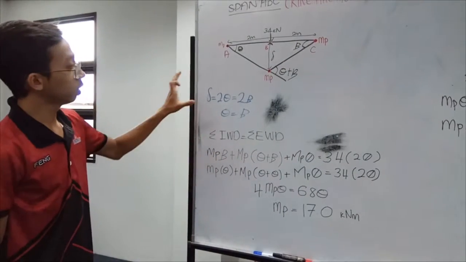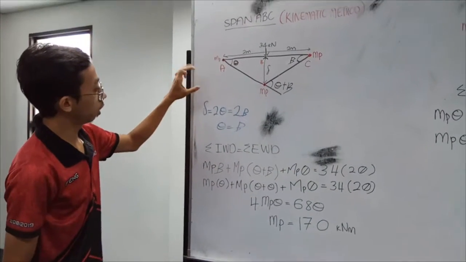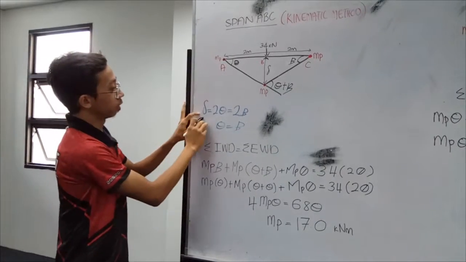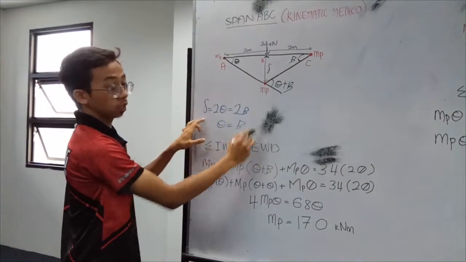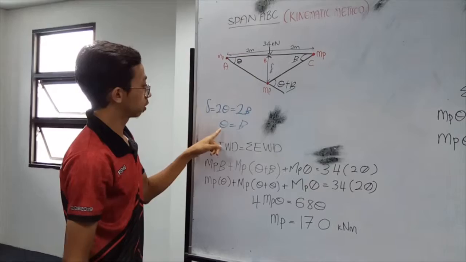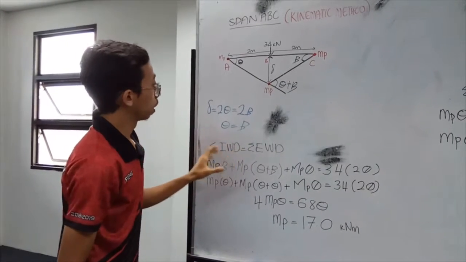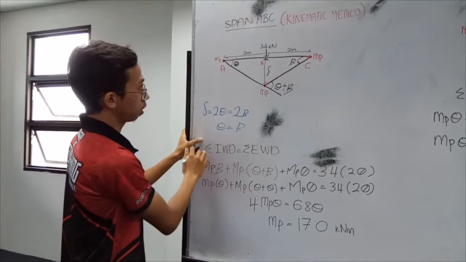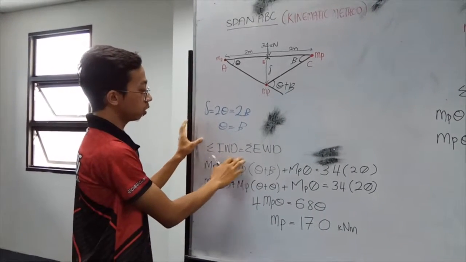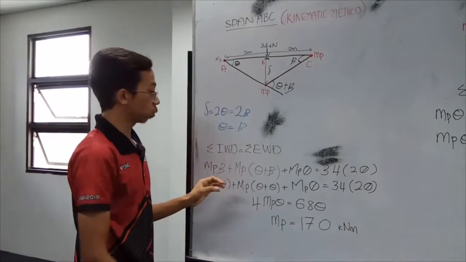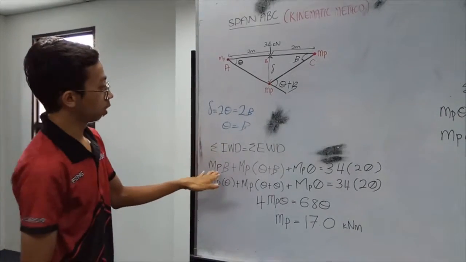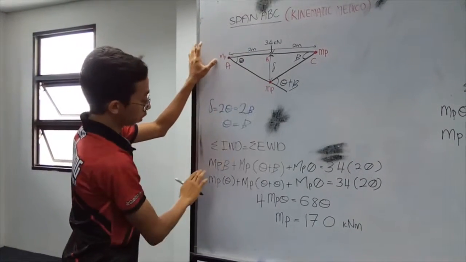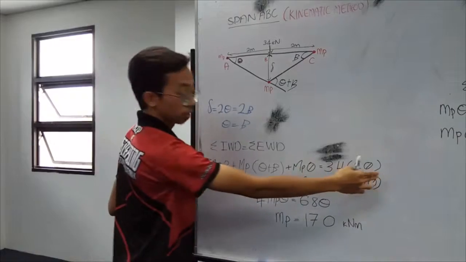Here we can create an equation. Delta equals 2 theta equals 2 beta, and then we get theta equals beta. After that, we form an equilibrium equation, internal work done equals external work done. We apply everything into this and get this equation.